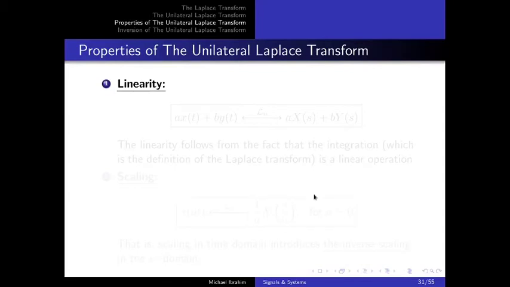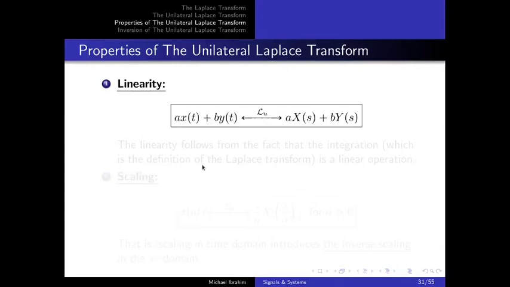It's called the linearity. Given that we have x of t with the transform X of s, y of t with the transform Y of s, what if we have a linear combination between x of t and y of t? So you have a constant times x of t plus another constant times y of t. This is called a linear combination of x of t and y of t.